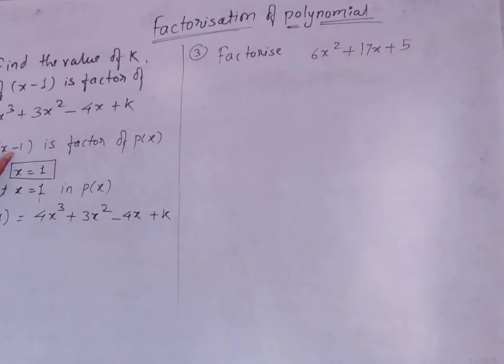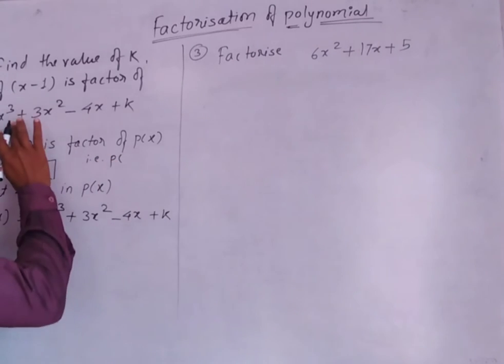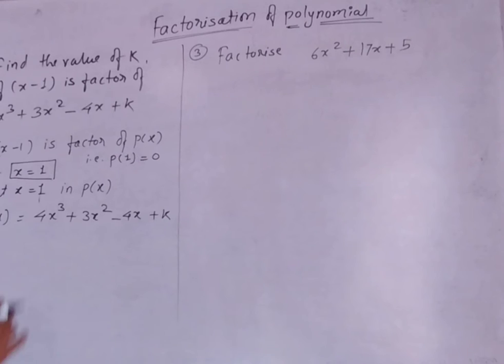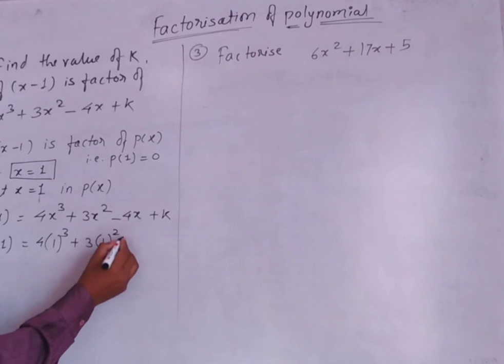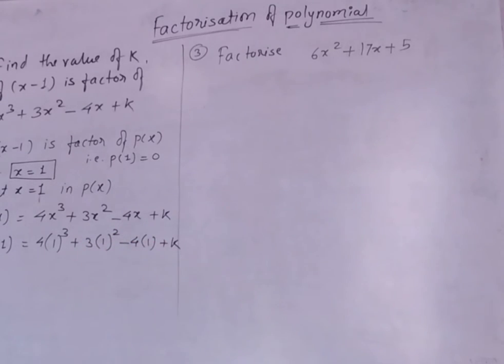If x minus 1 is a factor of P of x, that is, P of 1 equals 0. Okay, so P of 1 equals 4 into 1 cube plus 3 into 1 square minus 4 into 1 plus k.